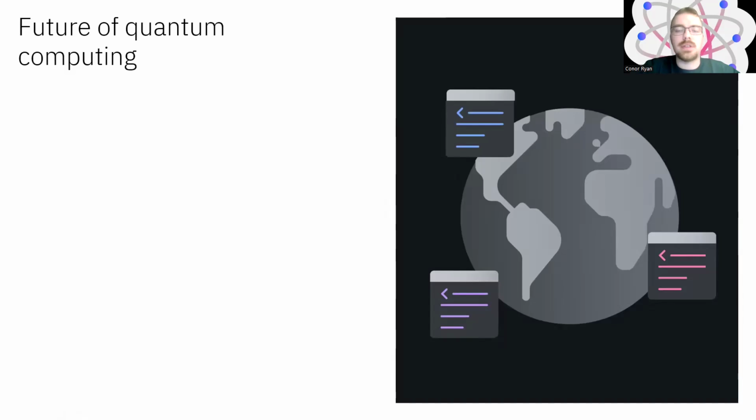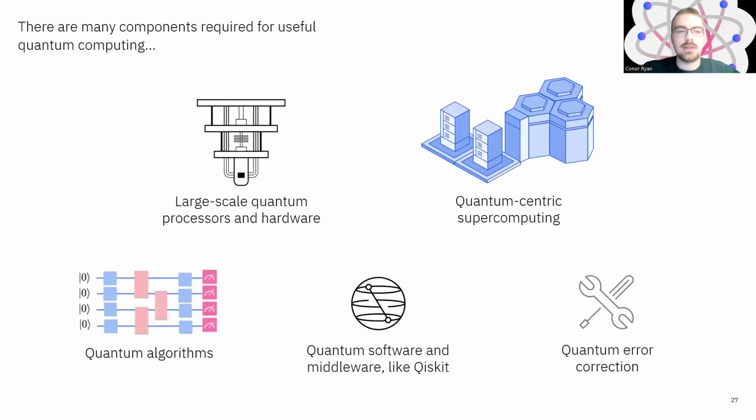So now that we've seen challenges and where we could go, we look at the future. We could have large-scale quantum processors and hardware where we are not just looking at hundreds of qubits, which is a relatively large amount for today, but in fact thousands, tens of thousands, or more qubits that are really needed for these large-scale problems, combined with quantum error correction to fully get accurate, interesting, and efficient quantum results out of your quantum computer.